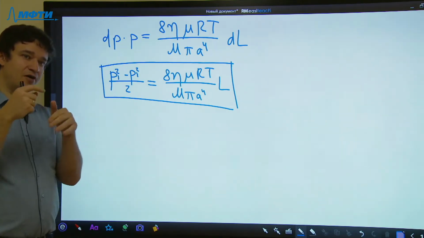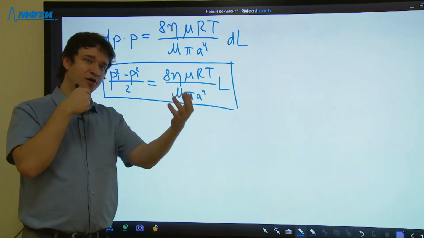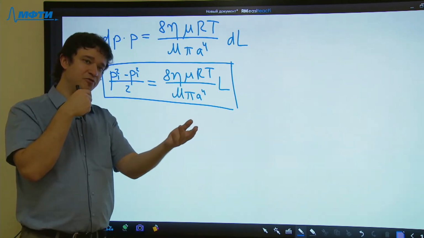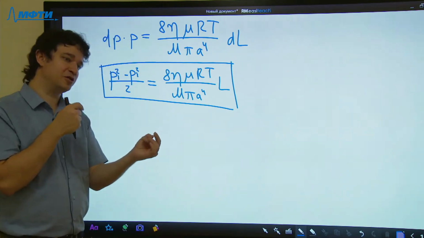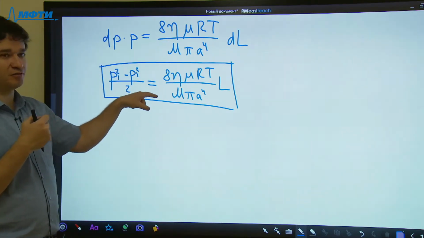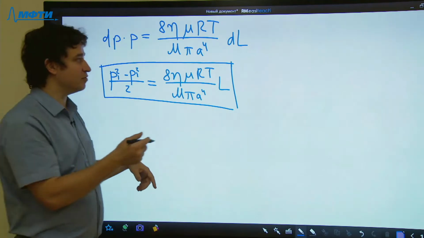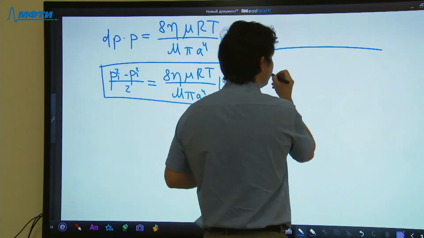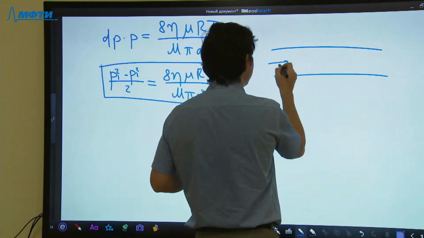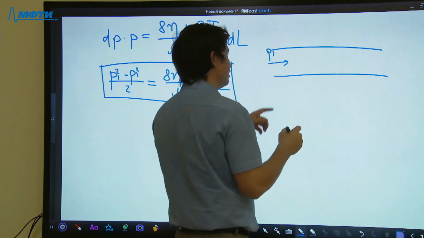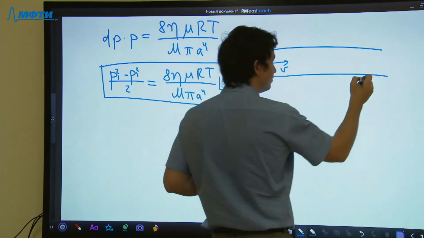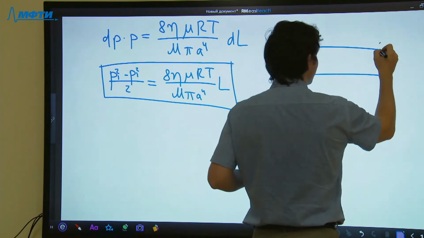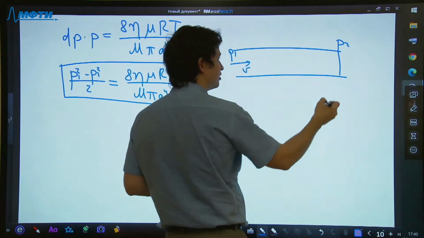So our pressure forces fully compensate for viscosity forces. But in here, this is not valid, because when the gas flows into the pipe at a larger pressure, it has lower velocity than when it comes out at a lower pressure.